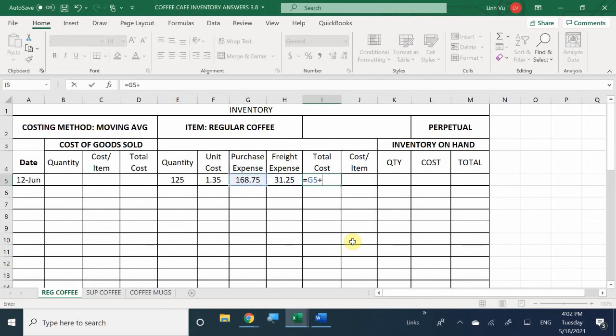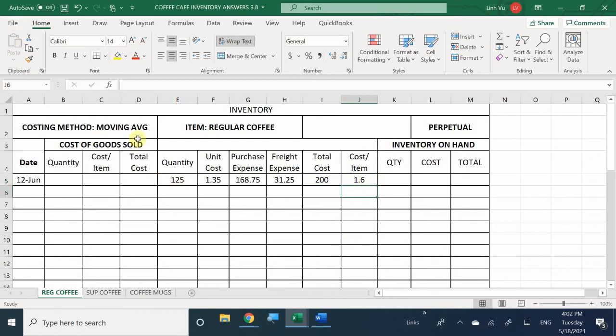And once again, your total cost here is going to be $200. Because this is the very first item that we purchased, our assumption is that if this was the only batch we had available to sell, what's my average cost per item going to be? $160.